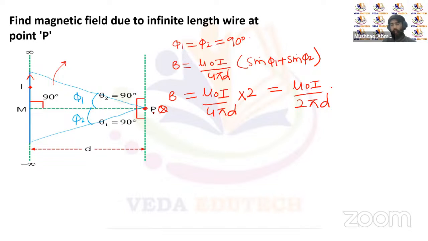So we'll represent it by a cross symbol, or we can say that it's in the minus k cap direction. So B vector is mu naught I upon 2 pi d in the vector form, in the direction minus k cap. This will be the vector form of the magnetic field due to this infinite length of wire.